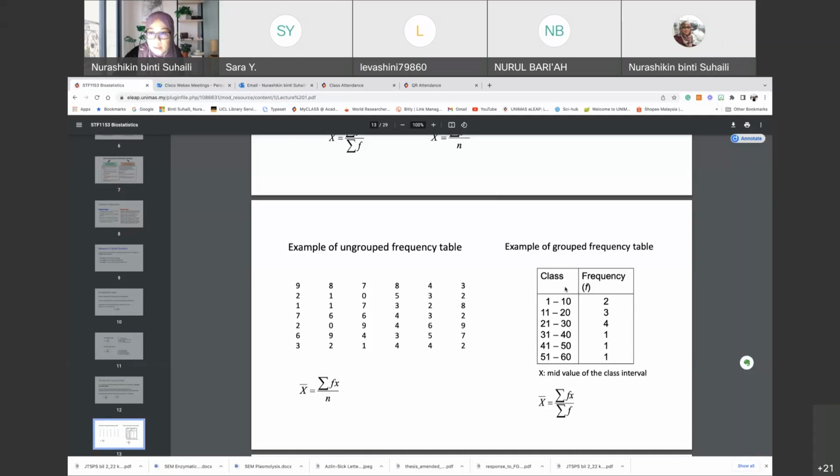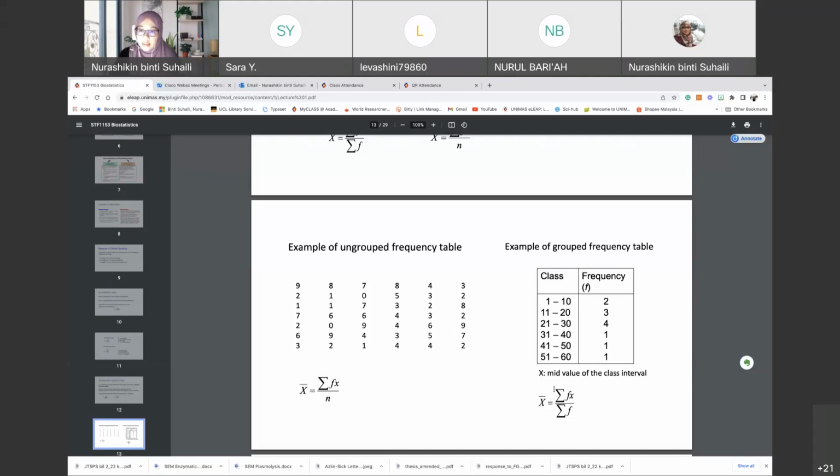But when you have grouped frequency data, you have another piece of information, which is the class. This means that the data is arranged according to classes. For example, from 1 to 10, how many data exist? There are 2 data, so the frequency is 2, and so on for the rest.